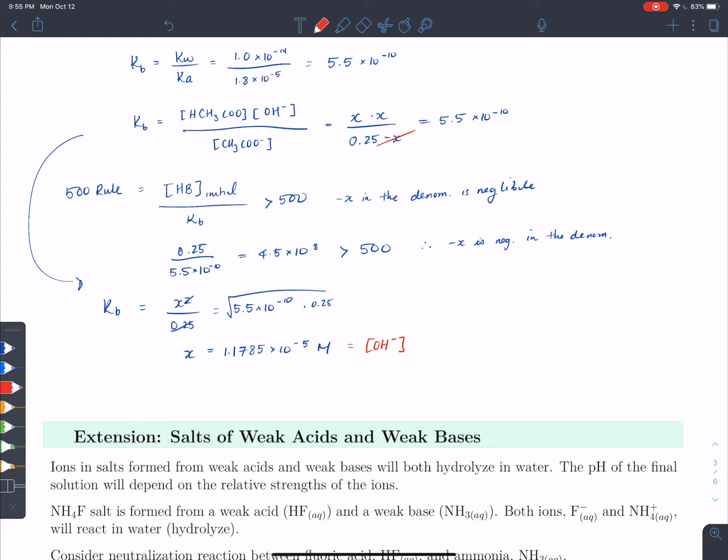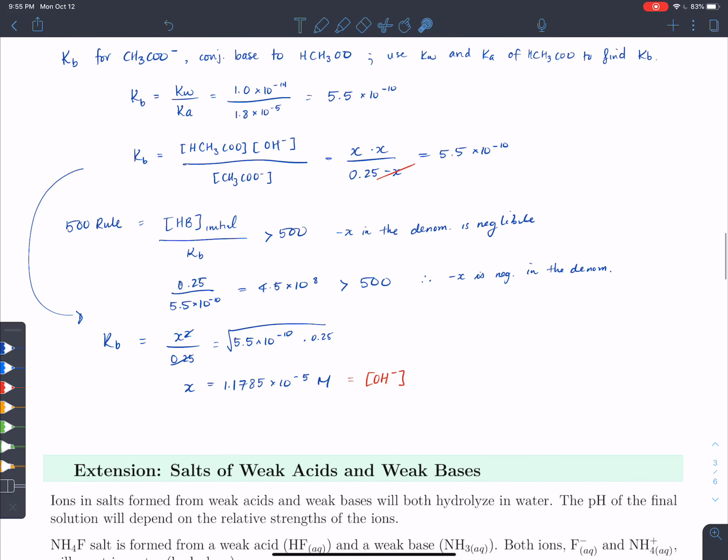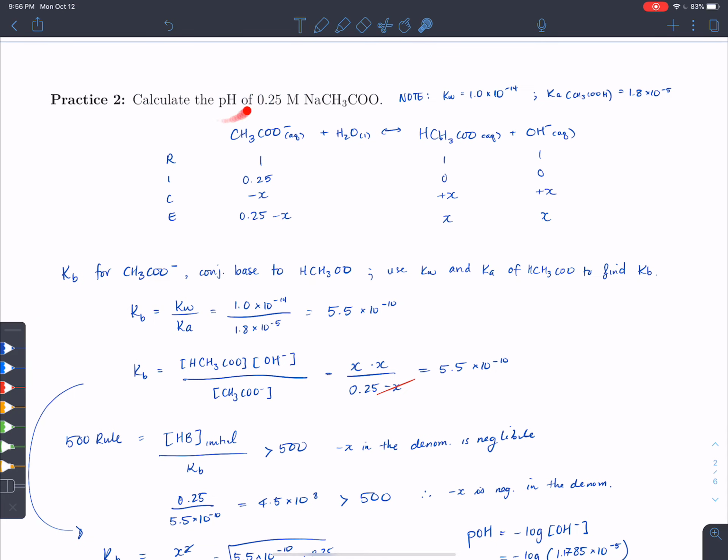And so now that we know the hydroxide ion concentration, we can actually find our pOH, which is the negative log of our hydroxide ion concentration. So if I plug in this concentration, I am going to end up with 4.93. But remember, this is our pOH, and we were asked to find the pH.